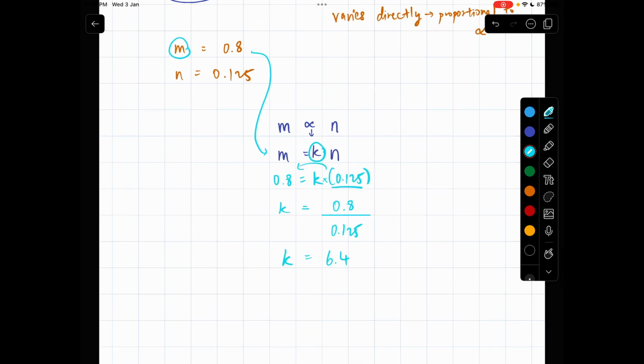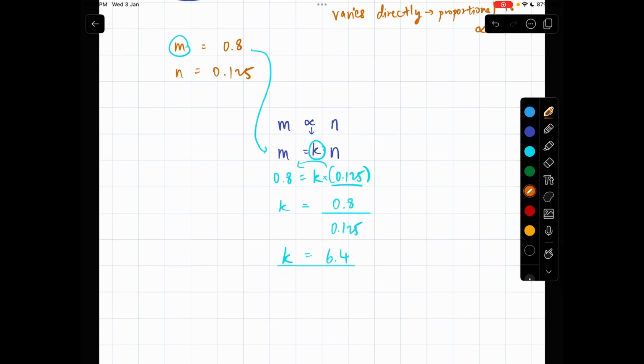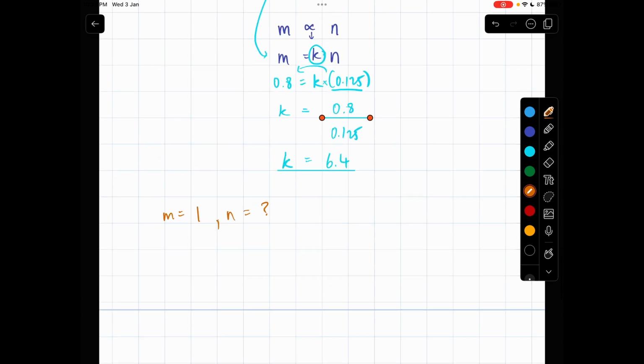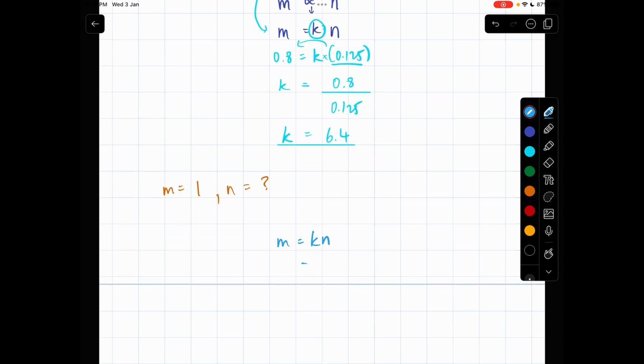So most of your questions will be structured in this way. And then once you get k, they will give you a different value of m. For example, m is equals to 1. So they will ask you, when m is 1, what is the value of n? When you're given this scenario, what you have to do is the exact same thing. Just write down the equation form, which is m equals to kn. Now that you know the value of k, you can easily substitute k as 6.4 and m as 1 equals to 6.4n.